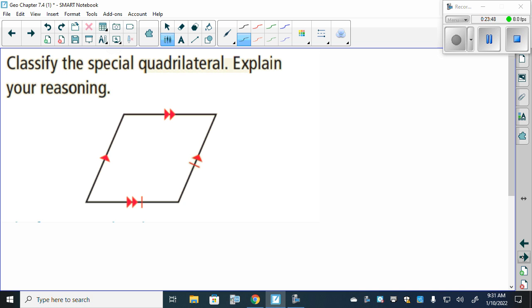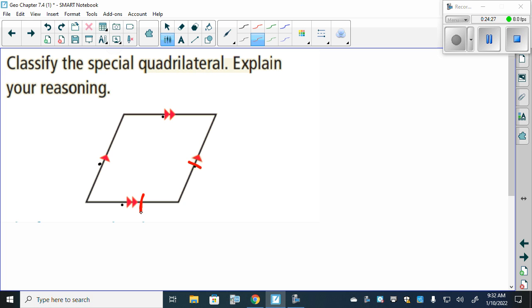All right, let's classify this here. Well, we know the most general term that we can call this figure is a what? Quadrilateral, because it has 4 sides. Any 4-sided figure is a quadrilateral. But we also have what? 2 sets of parallel sides, which makes it a parallelogram. Now, it also told us that these 2 sides are congruent, yes?